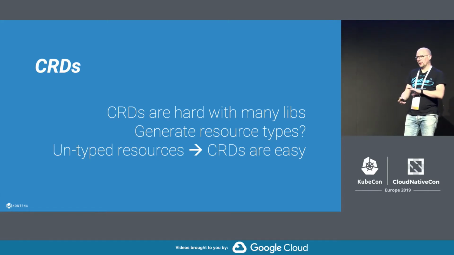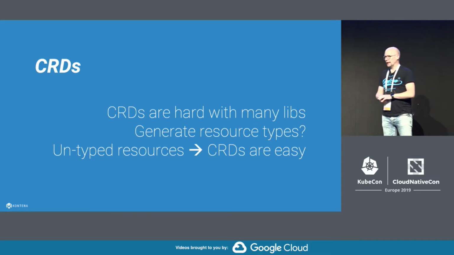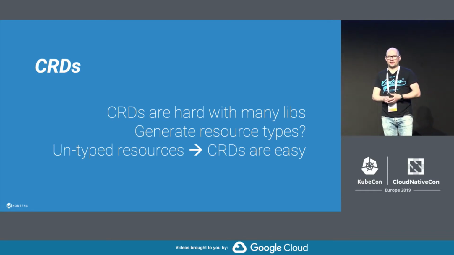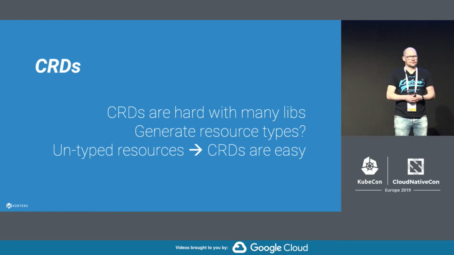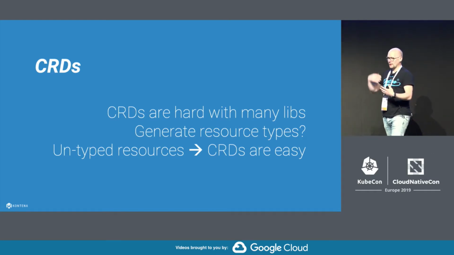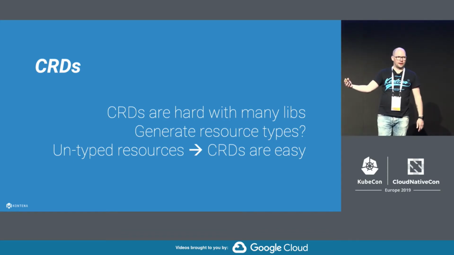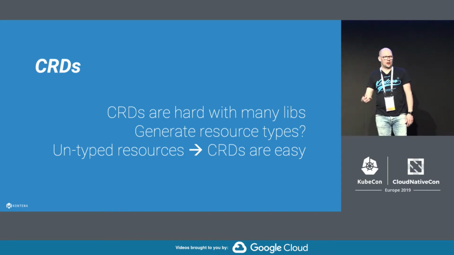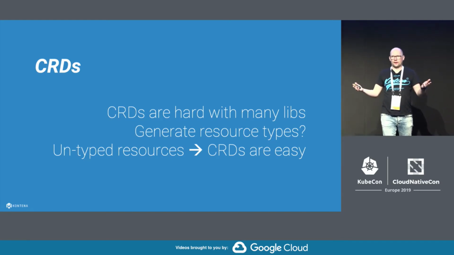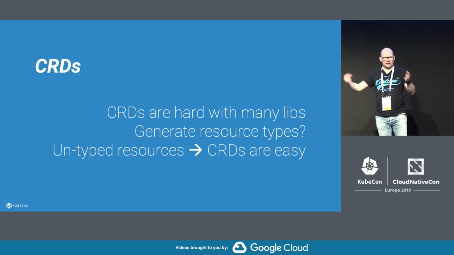We did some experimentation on that, and actually we ditched all that, and the client doesn't understand anything about the resource kinds. It just understands that it's a resource. So in our case, and especially now with a lot of CRDs coming into the picture, it's super easy for us with the client, because we don't have to do anything to work with CRDs. It's just another resource.